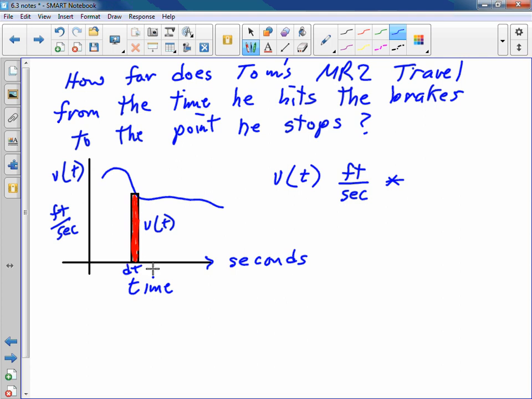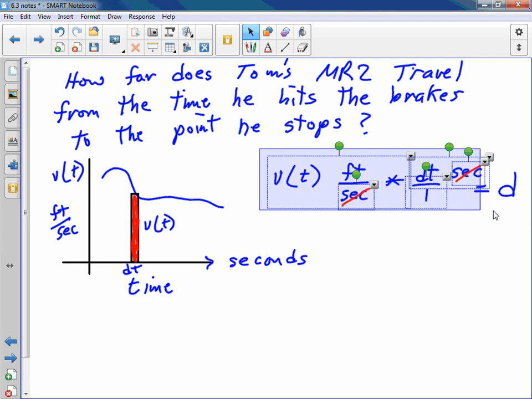The width, dt, is in seconds. And so when we go feet per second times seconds, the seconds divide out, and we're left with distance in feet.